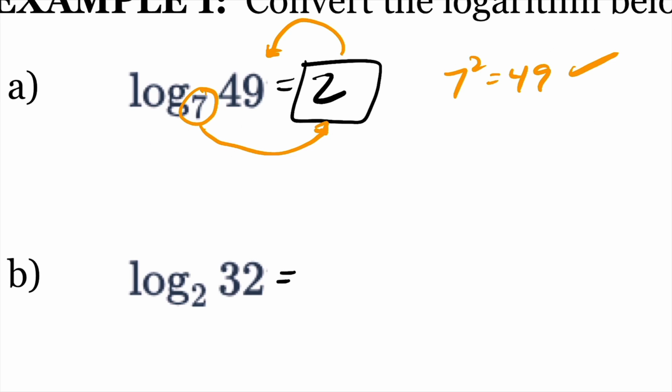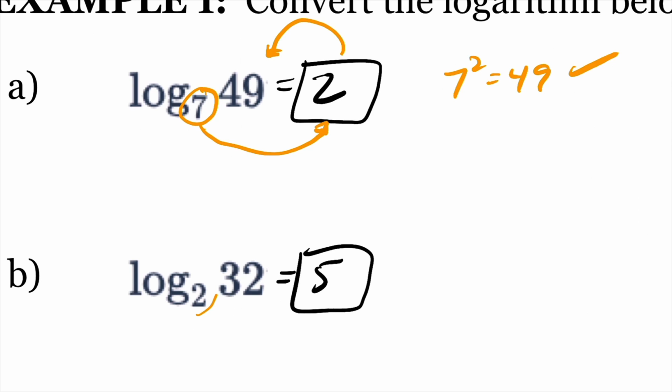No, not 16. What power? Not 6. So 2 times 2 is 4. 2 times 2 is 8. 16, fifth power.